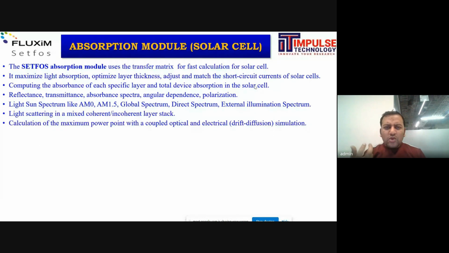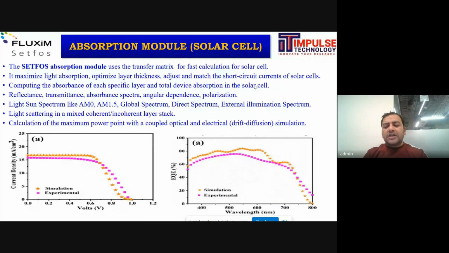So light intensity can be absorbed according to the specific location and geographical time. Let's suppose in the morning there may be a different intensity, in the daytime a different intensity, and in the evening a different intensity. Based on that, some realistic models are there so that you can see at a particular location how much light will be absorbed by the device. Mixed coherent, incoherent, maximum power point, optical and electrical, both simulations can be performed.